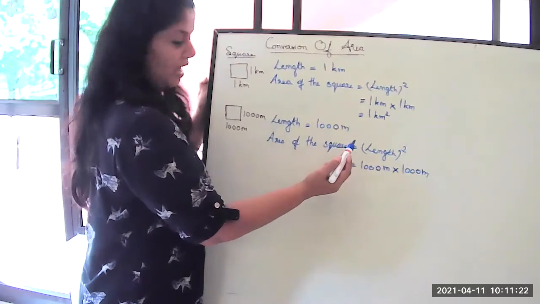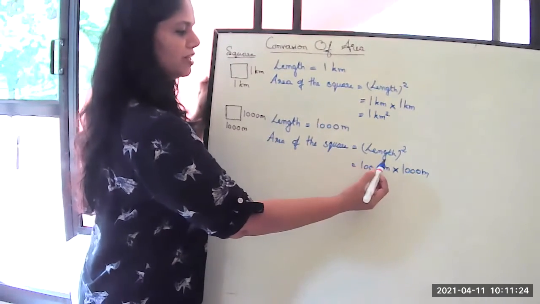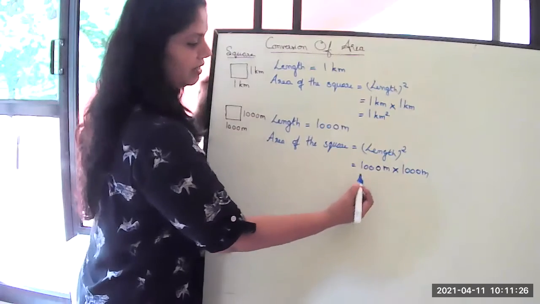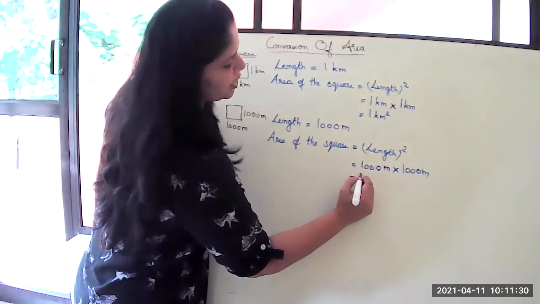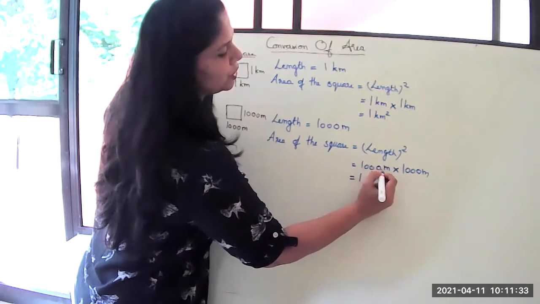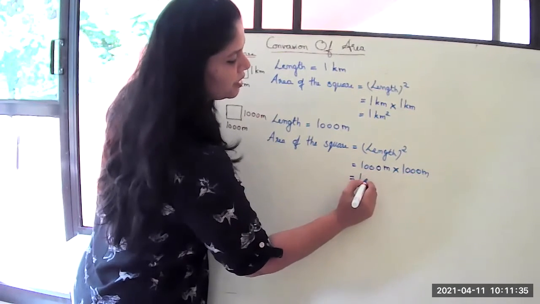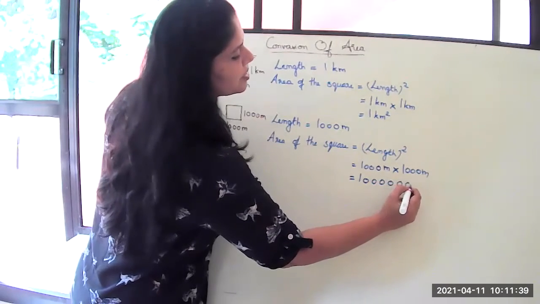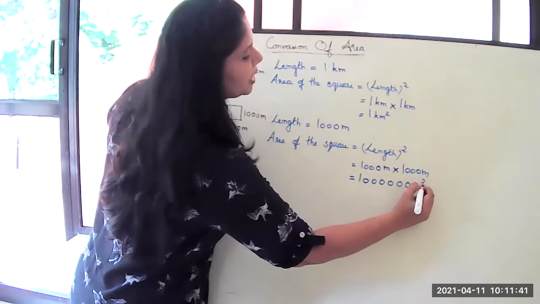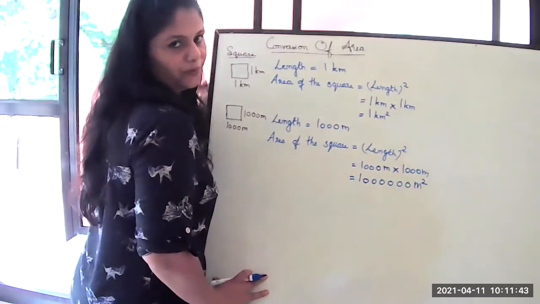Then length 1000 meter, area of the square, that is length square, 1000 meter multiplied by 1000 meter, that is equal to 1 and 1, 2, 3, 4, 5, 6 zeros, and unit will be meter square.